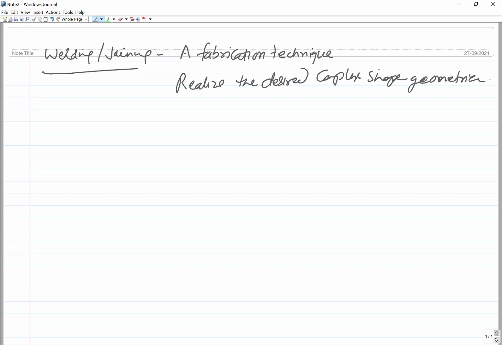We realize comparatively simpler shapes, and then those simpler shapes are brought together by joining or welding. So this is one major purpose of using joining, to realize the desired complex shape and geometries.